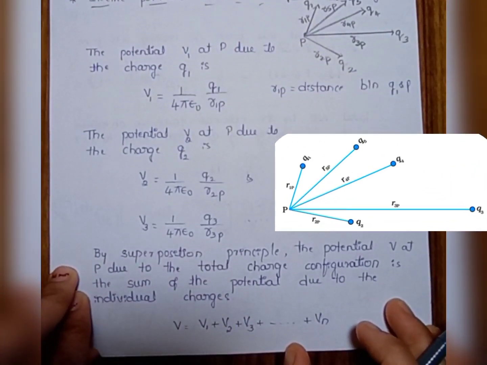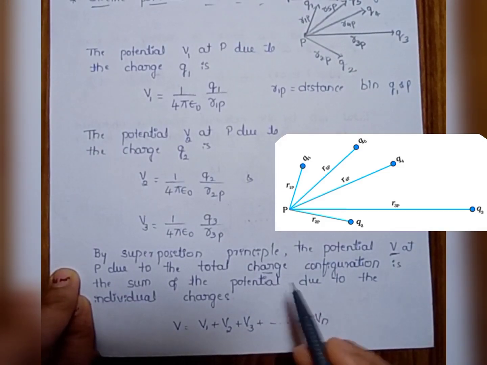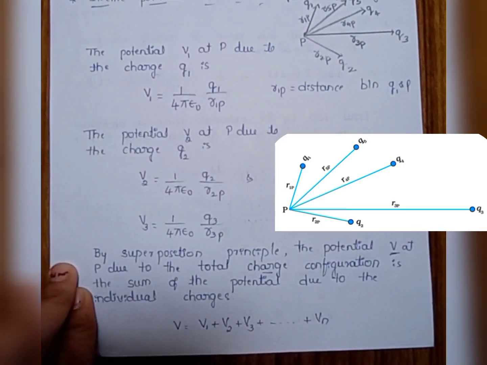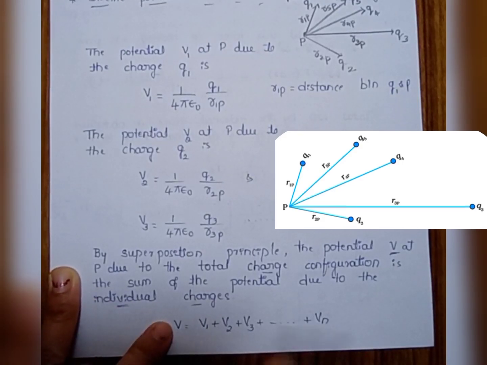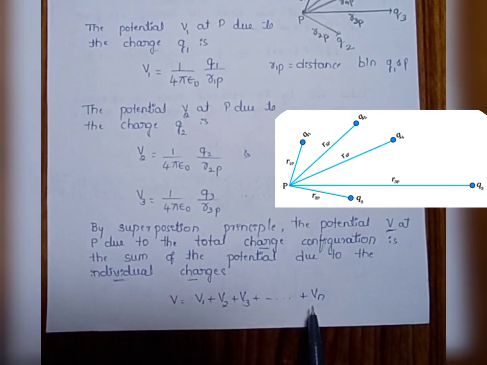By the superposition principle, the potential V at P due to the total charge configuration can be written as the sum of the potentials due to the individual charges. Meaning, the total potential is equal to the sum of the individual potentials.